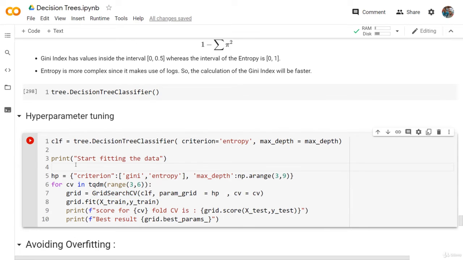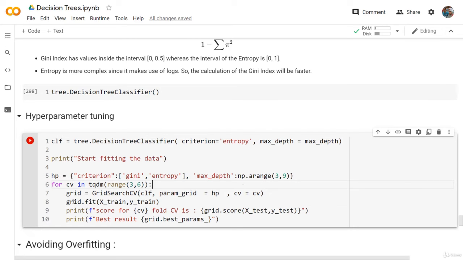So we give it this dictionary and it will start by fitting Gini with a maximum depth of 3, then Gini with 4, 5, 6, 7, 8, and the same for entropy. And it will give us the best results.